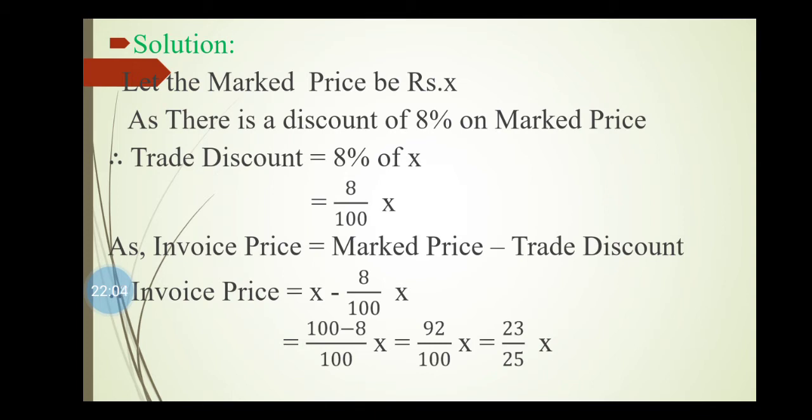So we have 100 minus 8 upon 100 into X, which is equal to 92 upon 100 X. When we convert 92 upon 100 into simplest form, we will get 23 upon 25x.